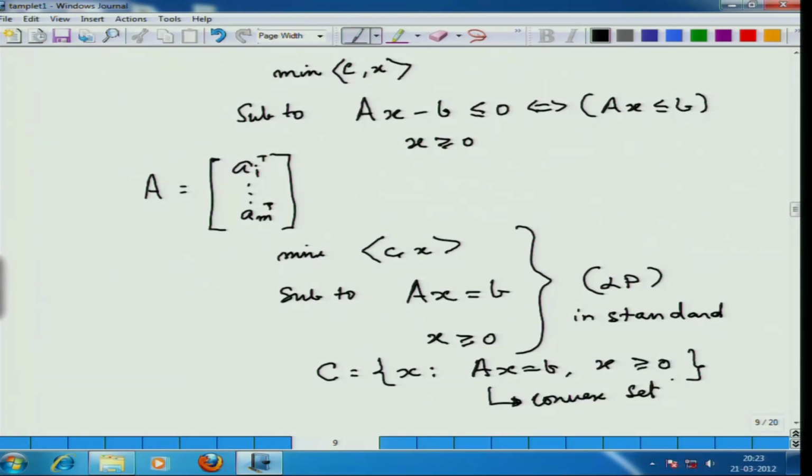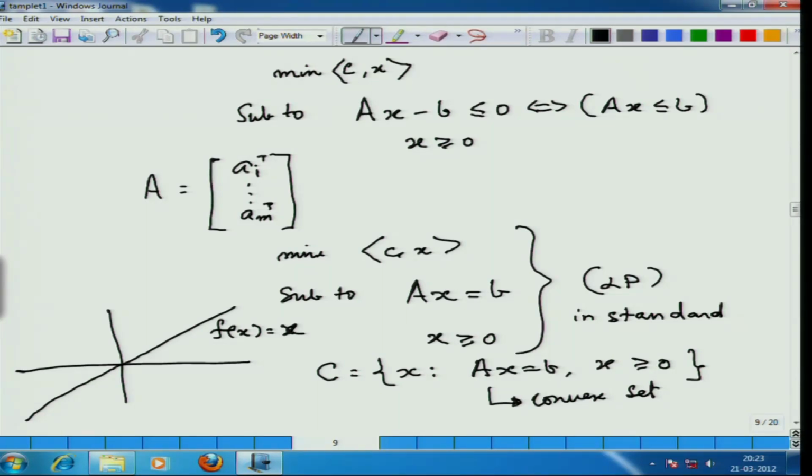Now, this problem is interesting in the fact that this linear function has to be always minimized over a constraint set. You cannot minimize it over just the whole of Rn. For example, if you take the whole real line R and you look at the function f x equal to x, this is a linear function, but it has neither a maximum nor a minimum.